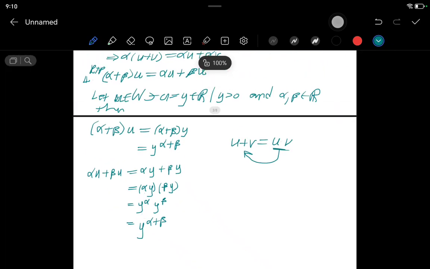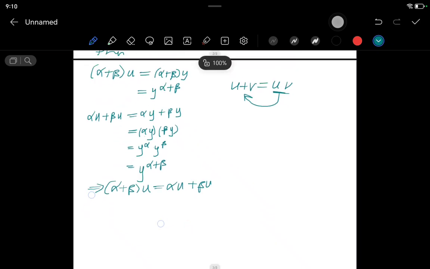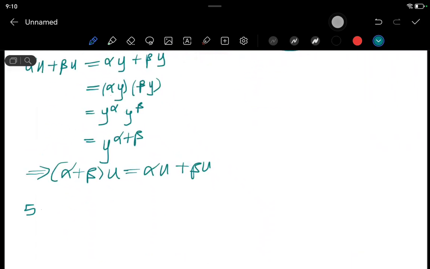We realize that the left hand side is equal to the right hand side. So I can say this implies that alpha plus beta U is equal to alpha U plus beta U. You say right. Now we prove the last one. The last one is simple, because remember with this one I was saying alpha plus beta.